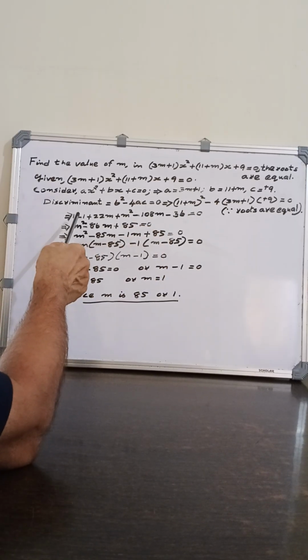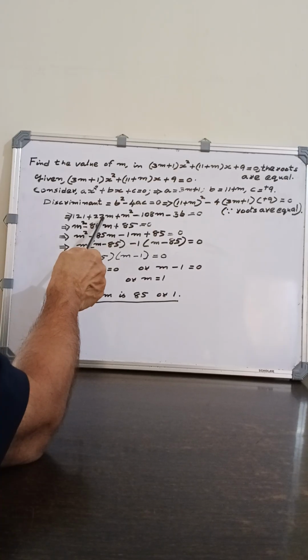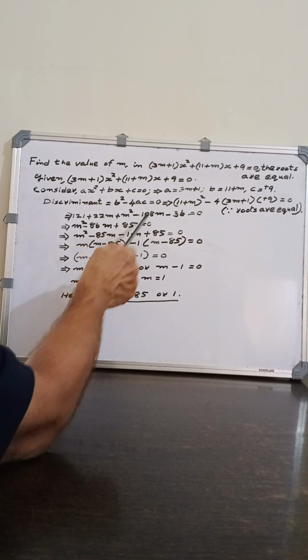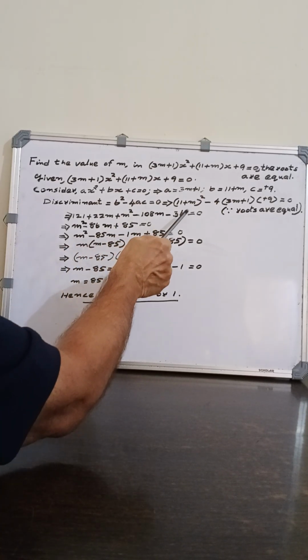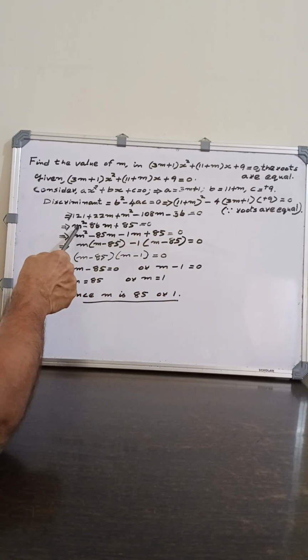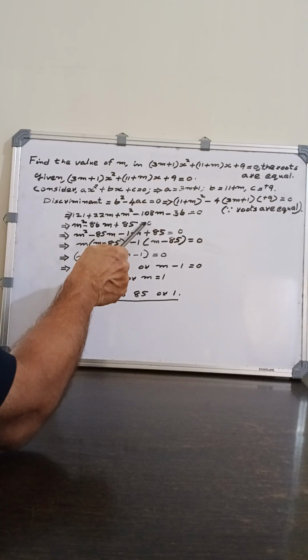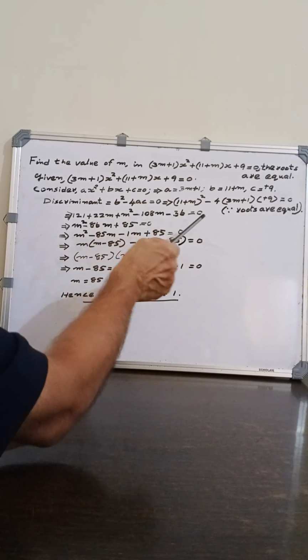Therefore, the given expression 121 + 22m + m² − 108m − 36 = 0 is reduced to m² − 86m + 85 = 0, by simplifying the like terms.